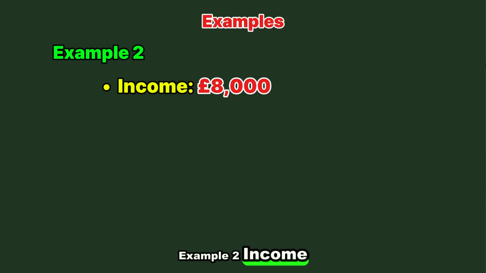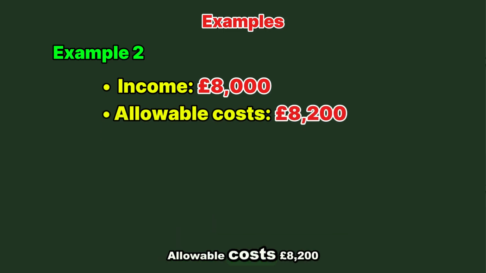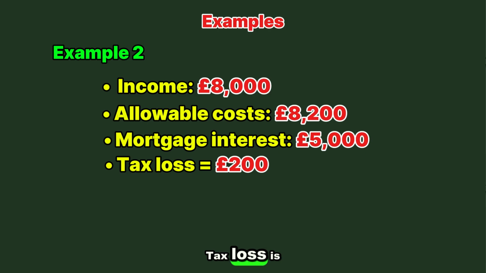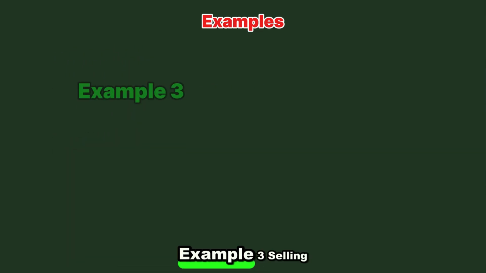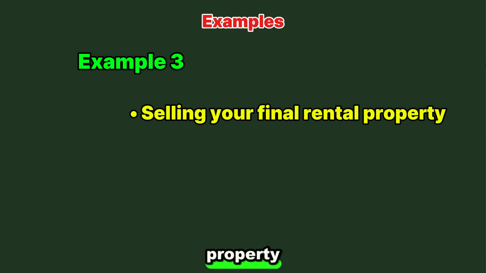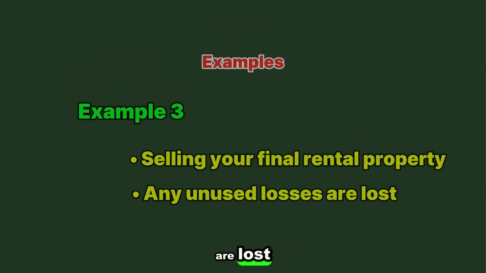Income £8,000. Allowable costs, £8,200. Mortgage interest, £5,000. Tax loss is £200. Mortgage interest becomes a separate 20% credit. Example 3, selling your final rental property. Any unused losses are lost.